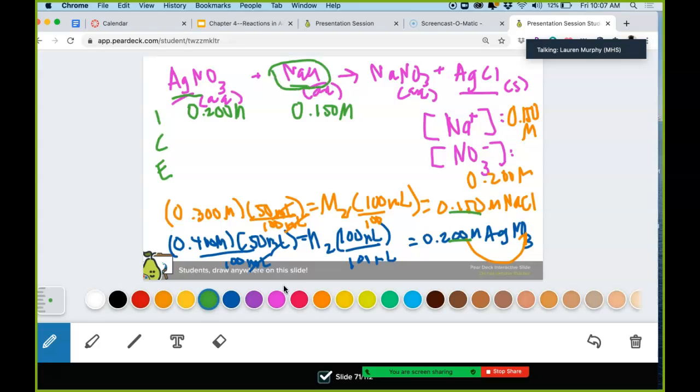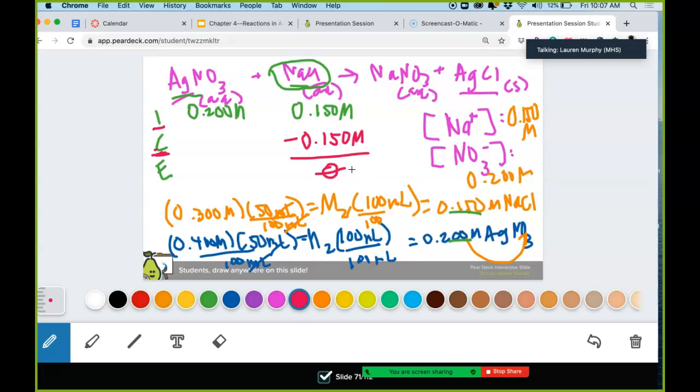So how much of the sodium chloride does it change? This is initial, how much we have. This is how much it's changing, meaning how much it's losing. How much am I going to lose of the limiting? All of it. That's the point of it being the limiting reactant. So at the end, I should have none of it.